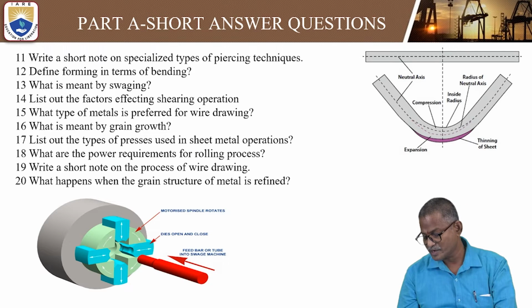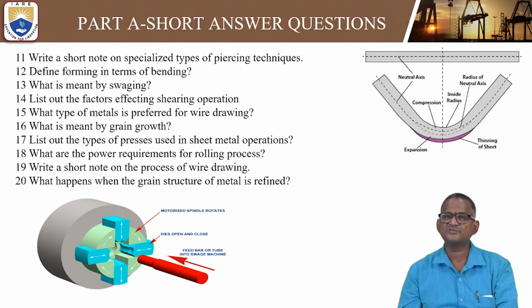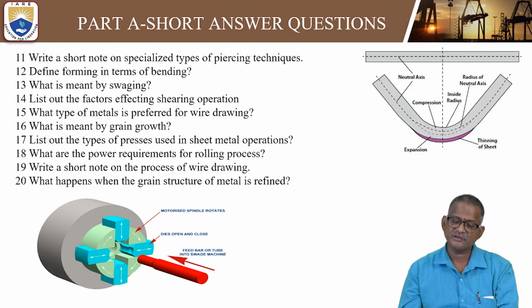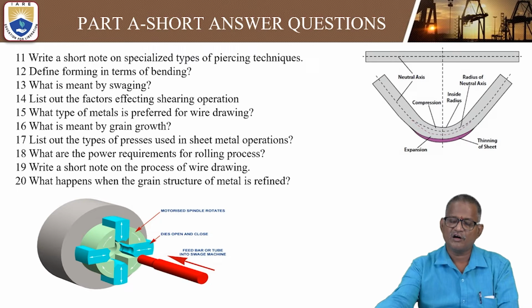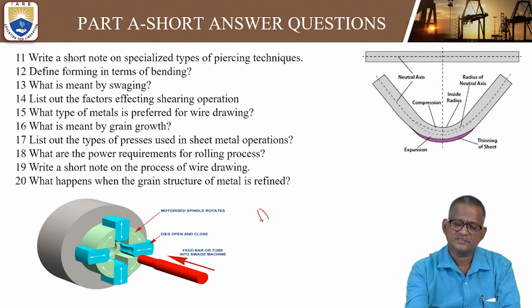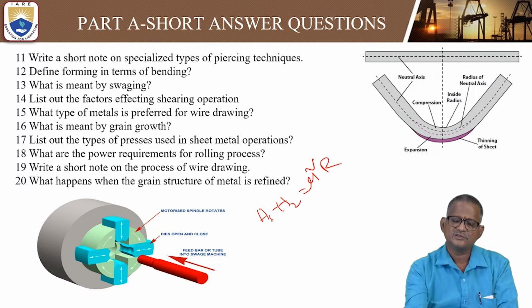Sometimes they may ask problems also. That is, delta H is equal to mu square R. They will give the coefficient of friction and radius, and we are supposed to calculate delta H, and sometimes H1 also will be given. So H1 minus H2 is equal to mu square R. Either H1 will be given and H2 should be calculated, or H2 will be given and H1 calculated.